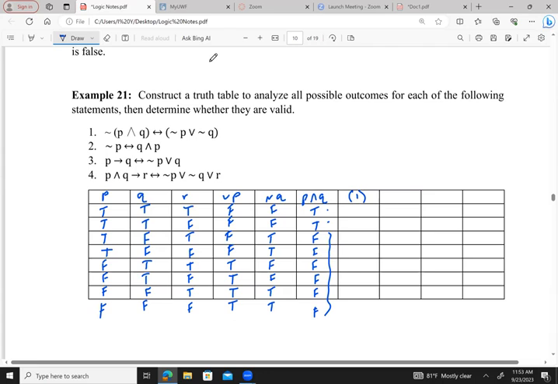Let's start off with a rather complex one here. So not P and Q is true for the bottom six here. Now we're looking at not P or not Q. So anytime one of them is true, it's true. So these four are true.